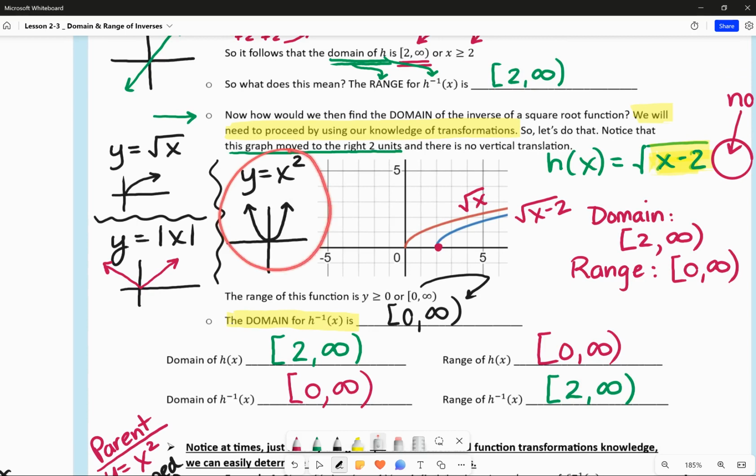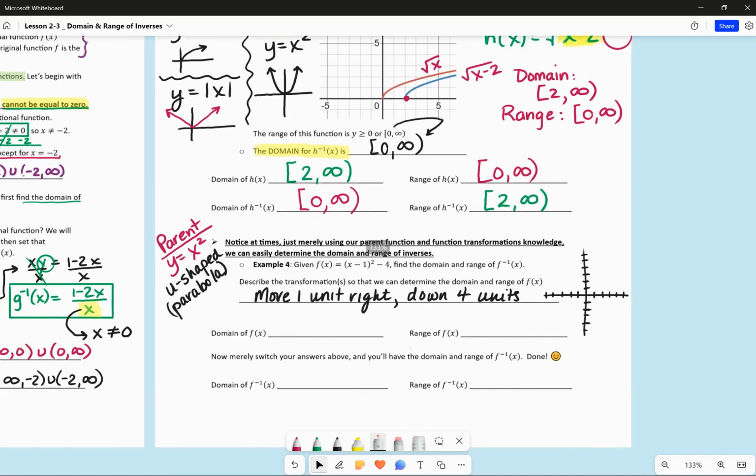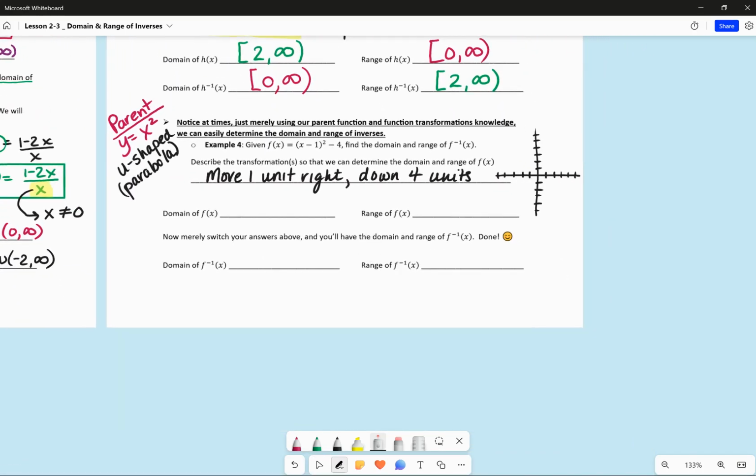Okay, so that's what it looks like, and that graph moved. It moved how? Well, we said it moved to the right 1 unit and down 4 units. So let's do that. To the right 1 unit, and then down 1, 2, 3, 4.